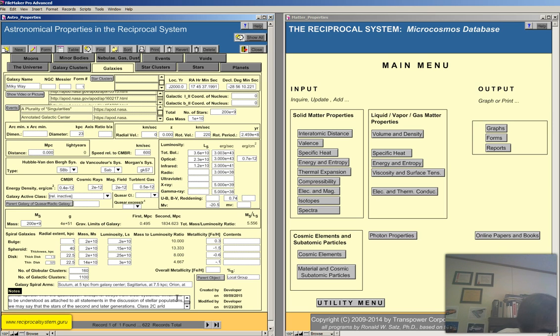We may say that the stars of the second and later generations, class 2C and later, are confined to the galactic disk, including the arms and the nucleus. The early first generation stars, class 1A, are distributed throughout the outer structure. They constitute practically the entire halo population. The main sequence stars of the first generation, class 1B, occupy an intermediate position, most prominently in the spiral arms.